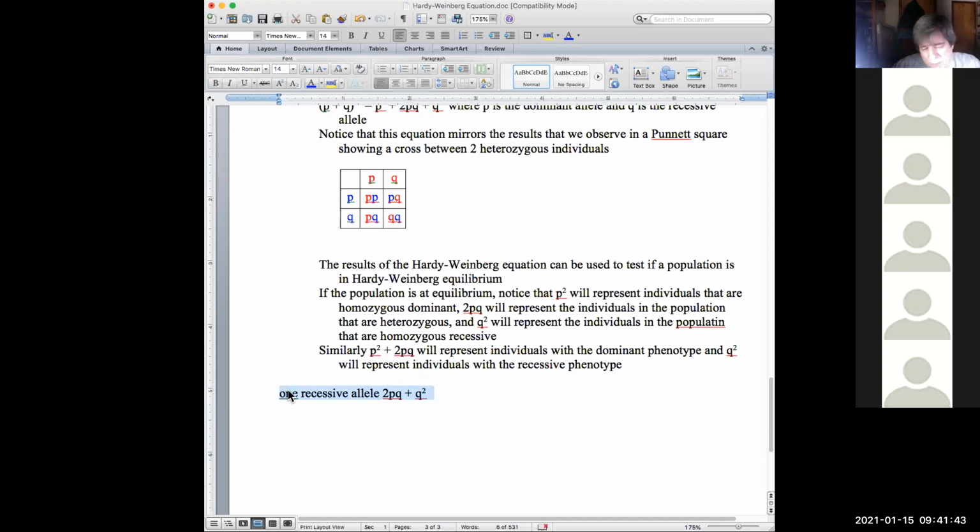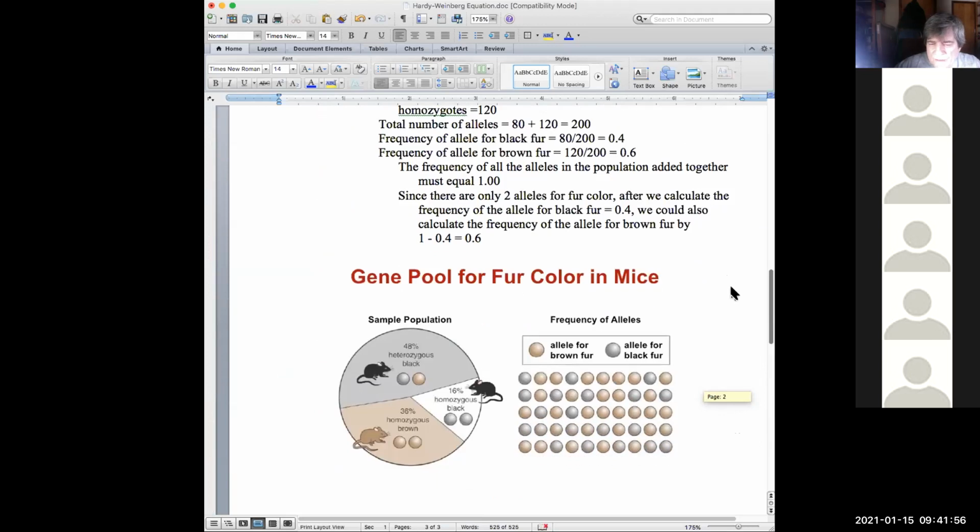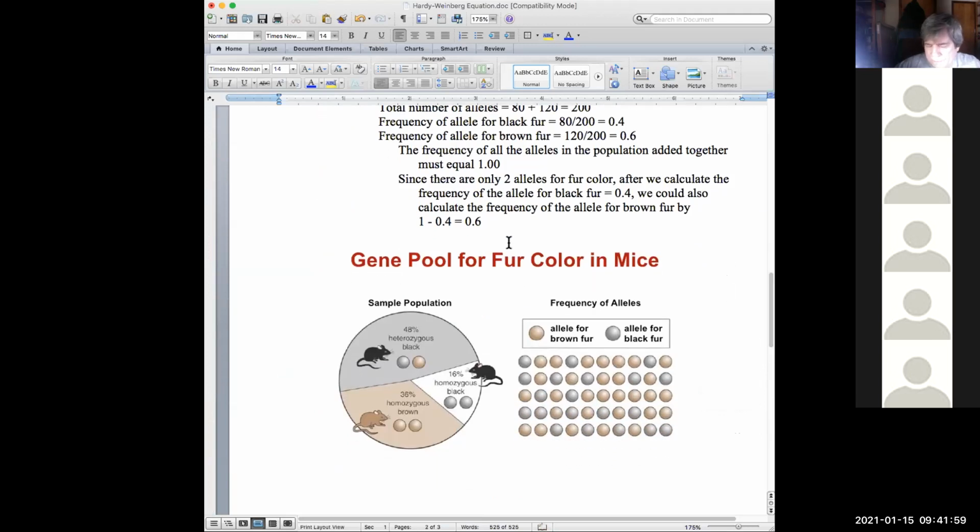And finally, we'll spend more time with this next week, but let's think about why we have to start with individuals who have the recessive phenotype. So let's go back to our population here.